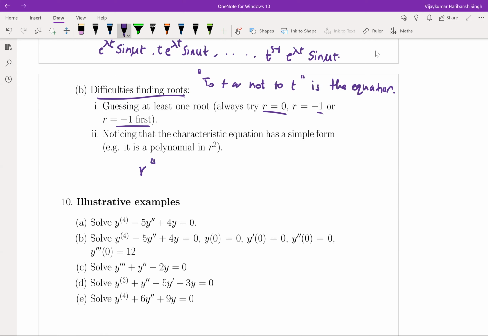For example, if you have r to the 4 plus 5r squared plus 6 equals 0, you can replace r squared with something else, and you'll see that it factorizes, with r squared plus 3 and r squared plus 2 equal to 0. So r equals plus or minus root 3 i, r equals plus or minus root 2 i. This is how you can solve. But in general, it may be hard to solve them. But again, we'll focus on the ones which are doable in our course.